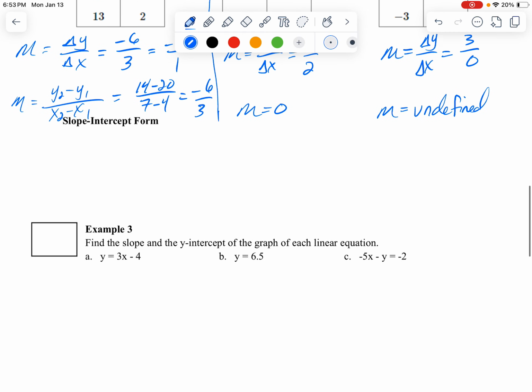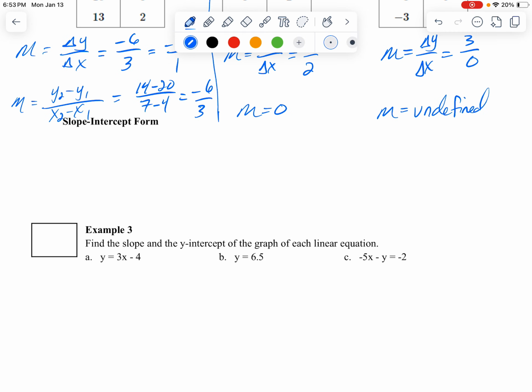All right, now we're going to start thinking about this whole slope-intercept form. So when we talk about a form, we're talking about the way that the equation is written. So we've seen slope-intercept form. Okay, slope-intercept form is y equals mx plus b, where m and b are just numbers. Right?